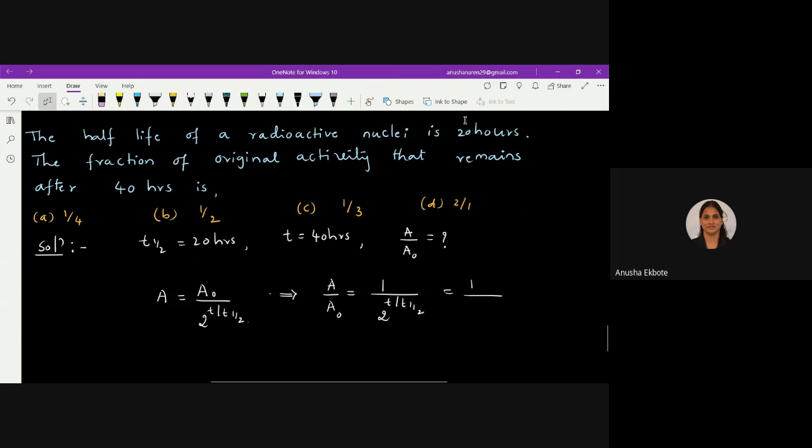This is 1 divided by 2 raised to 40 hours divided by 20 hours, or 1 divided by 2 raised to 2, which comes to 1 by 4. So the correct answer for this is 1 by 4. Similarly, the same question may be asked for the number of atoms also. You can easily solve it.